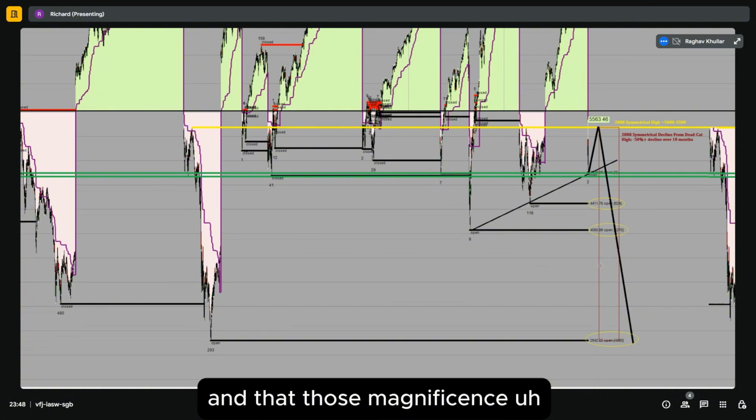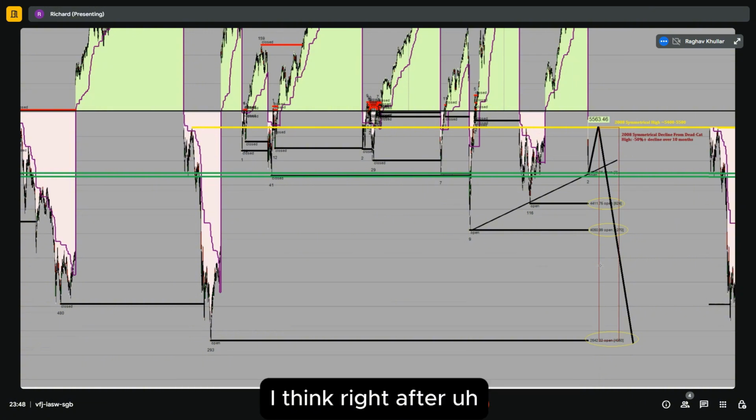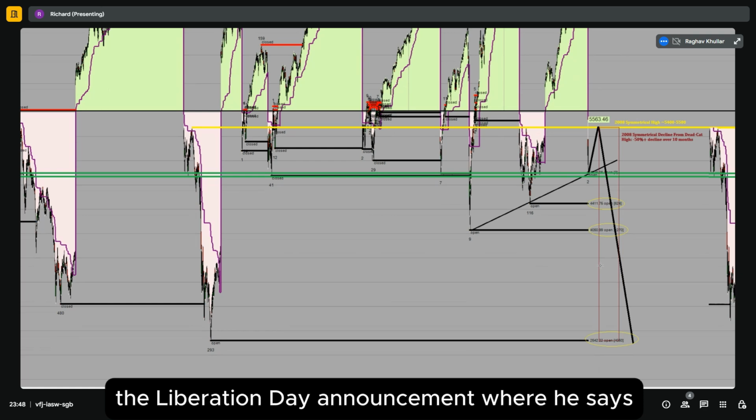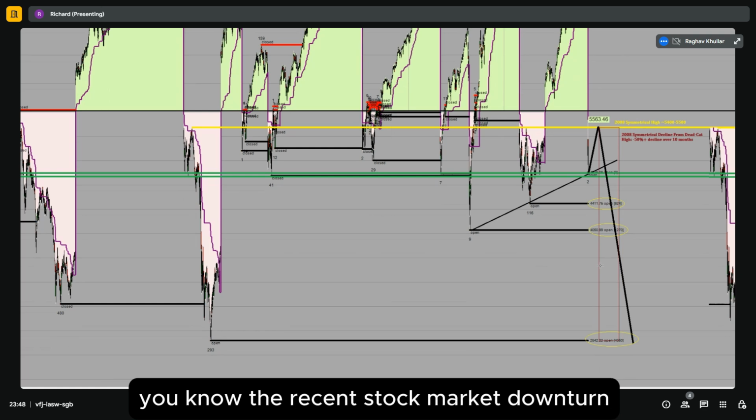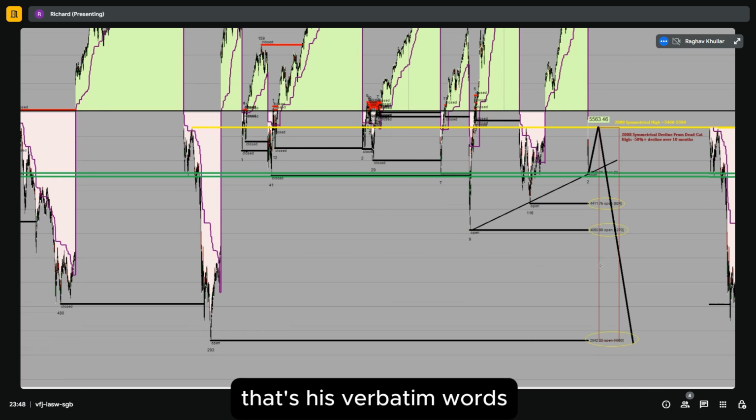He had an interview with Bloomberg, I think, right after the Liberation Day announcement, where he says, and this is verbatim, the recent stock market downturn is not a MAGA problem. It's a MAG 7 problem. The NASDAQ topped on DeepSeek Day. Those are his verbatim words.